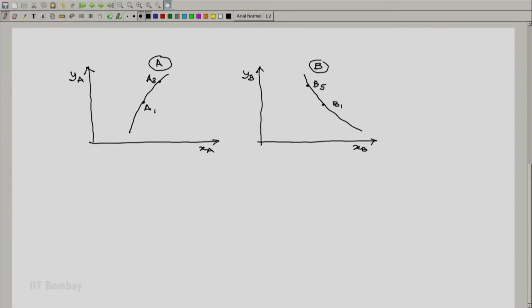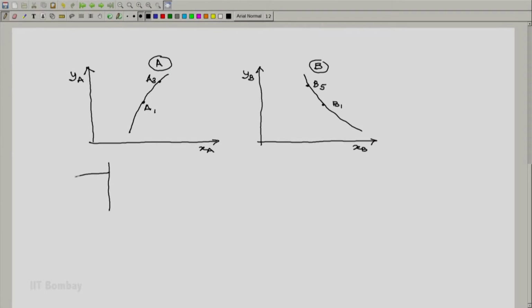Now the same experiment which we have done taking system A on one side and system B on the other, we can also repeat by taking system A on one side and a replica of system A, that means an exact duplicate, an exact copy equivalent to the original, on the other.